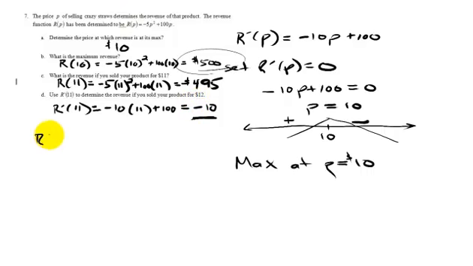So R of 12 is going to be estimated from $495, because that's the amount of money we would make at $11. But then the derivative at 11 is negative 10, which means that if I move over 1 unit, I would estimate it to go down by $10. So we get $485.